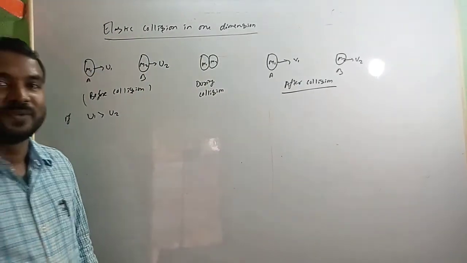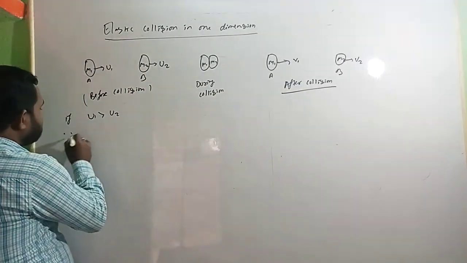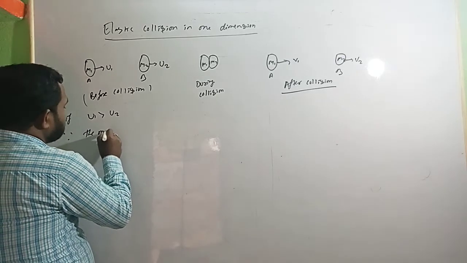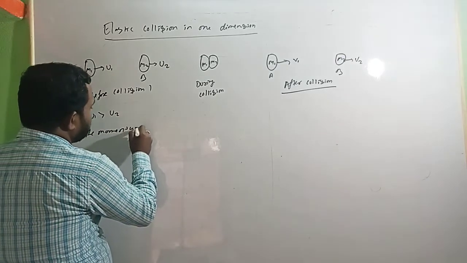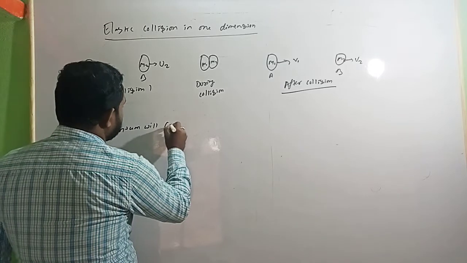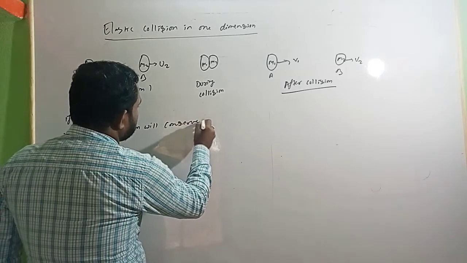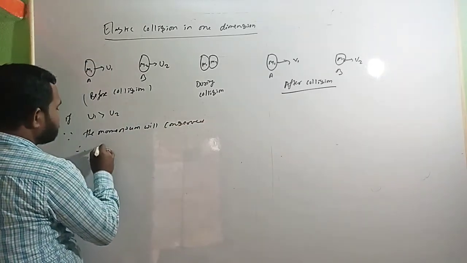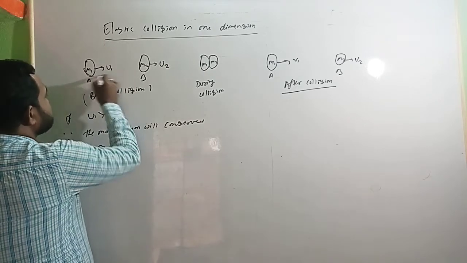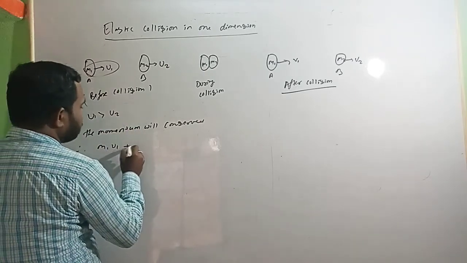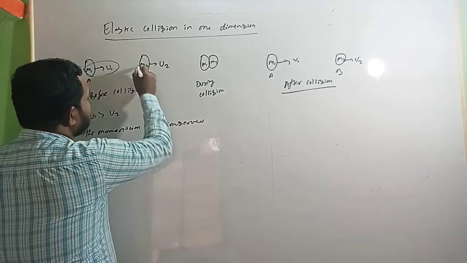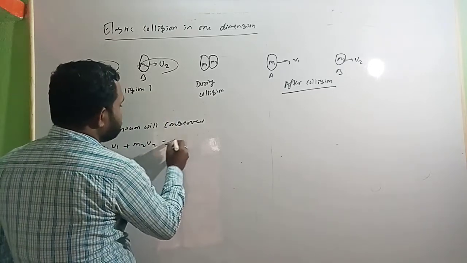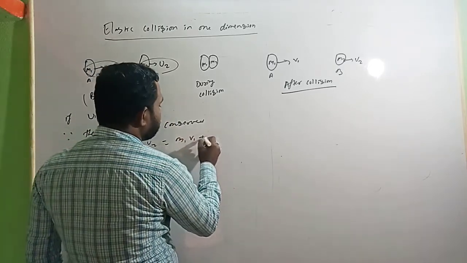Momentum will be conserved. Therefore, what will you write? m1 u1 plus m2 u2 is equal to m1 v1 plus m2 v2.